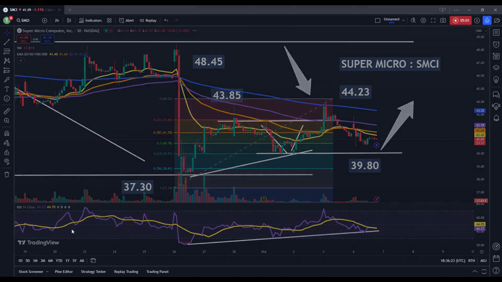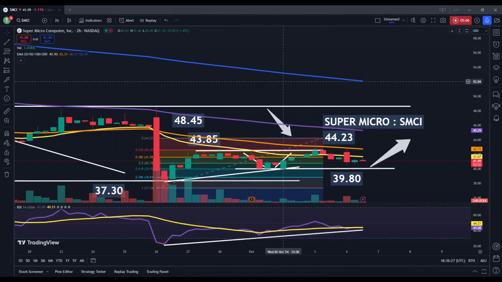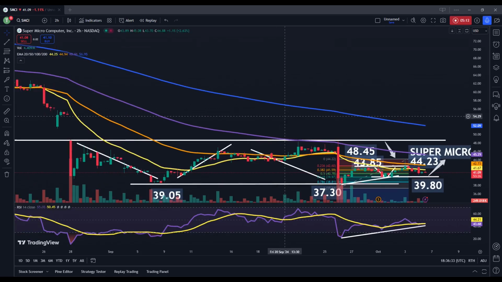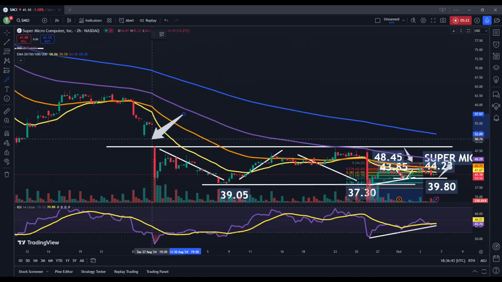If we move out here a bit on the longer term price history, we can start to see that the major trading range that we should be watching here really comes in at the top at roughly 48.50. As we can see here, that is also the top of this prior price gap that we saw.